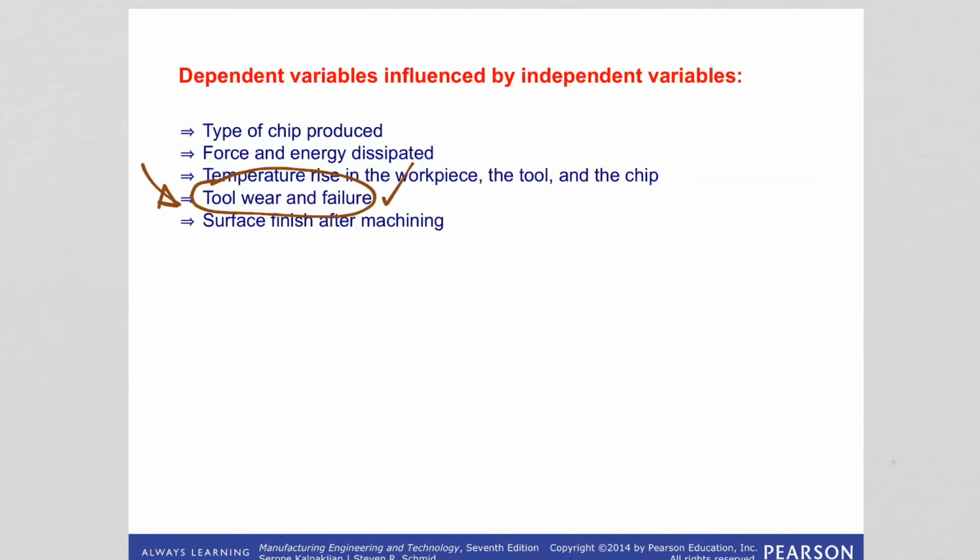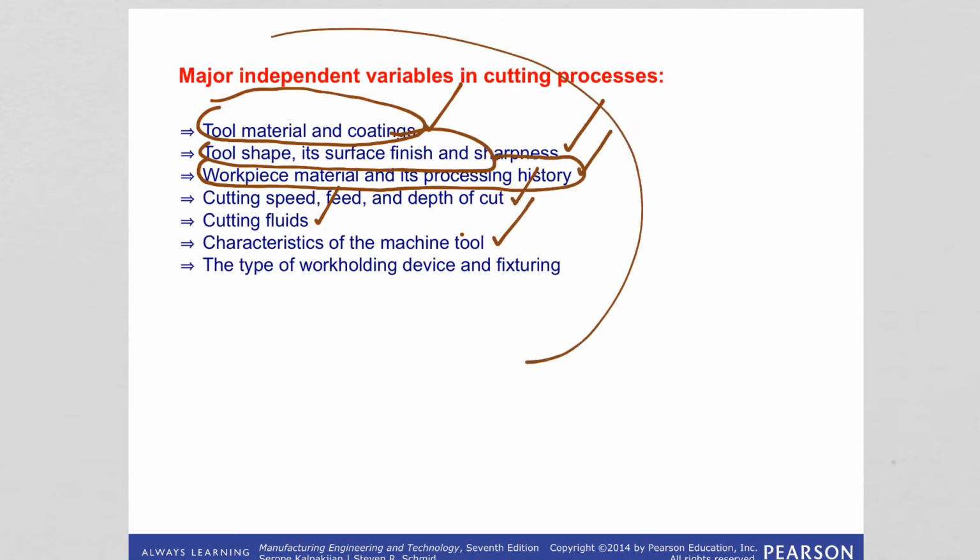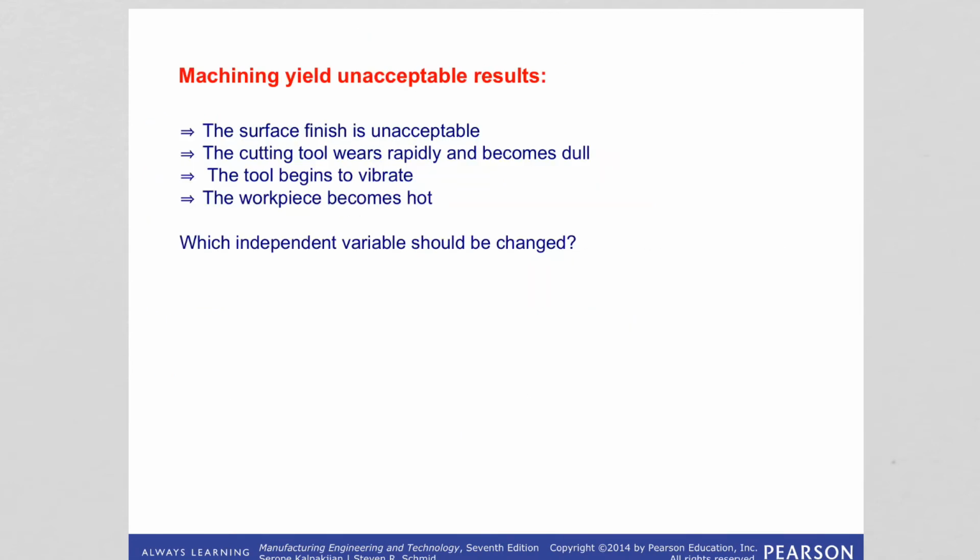If your surface finish is not desirable, which of these should you change, because they depend on these independent variables? Should you change the tool shape, its surface finish? One of these variables is affecting your surface finish.